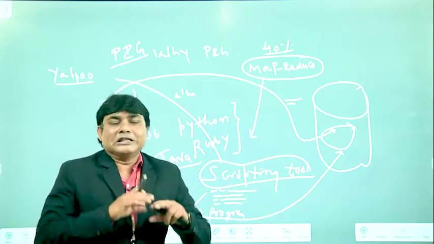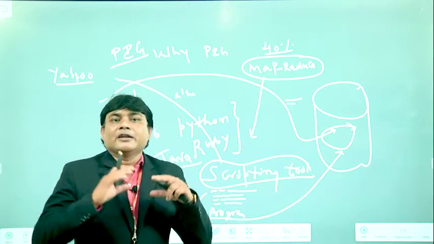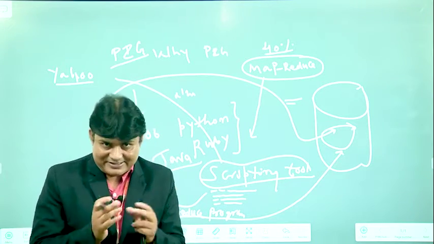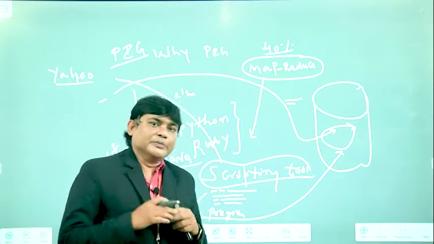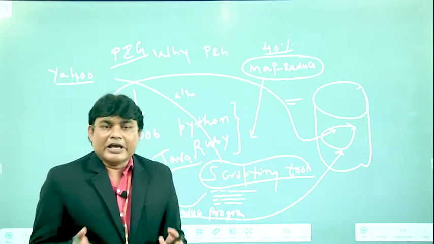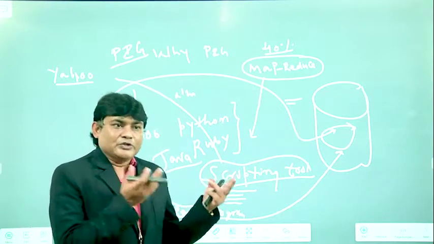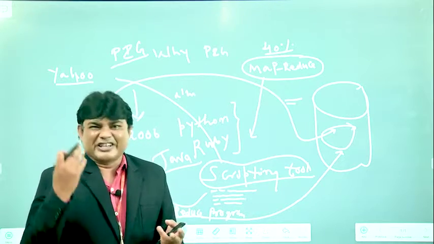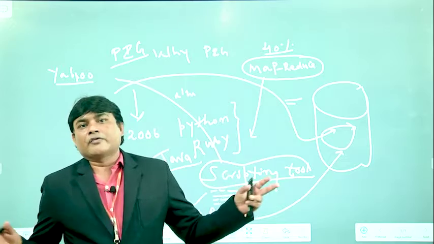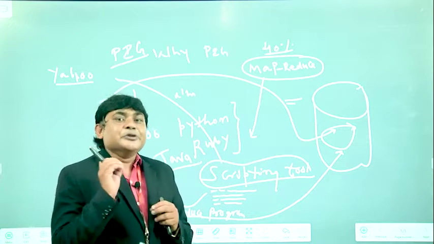In Python, if you want to find a factorial, we have a function called factorial. You can use it and get results within a fraction of a second. But if you want to write it in C, we have to write a lot of lines of code. So this is the beauty of the scripting language.